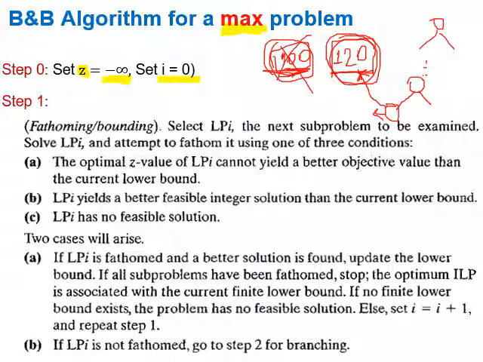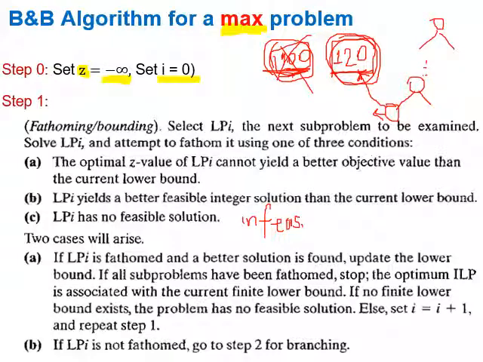Then what should be our decision? Basically, our decision is this. If the LP is infeasible, then the integer problem corresponding to that LP should also be infeasible. And we fathom in this case because of infeasibility. Okay, fathom by infeasibility.